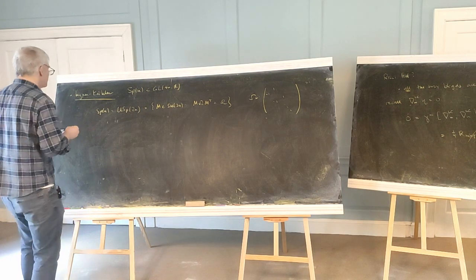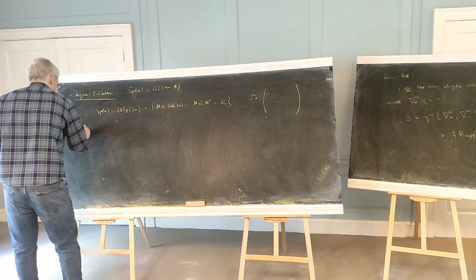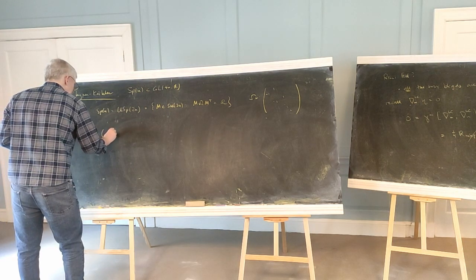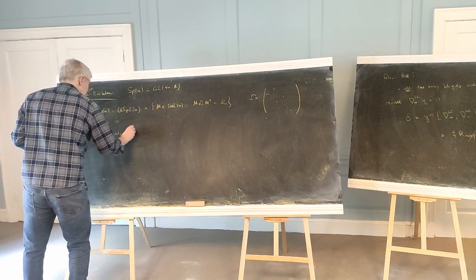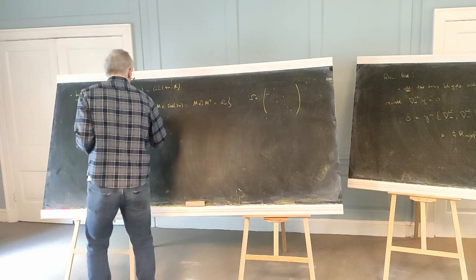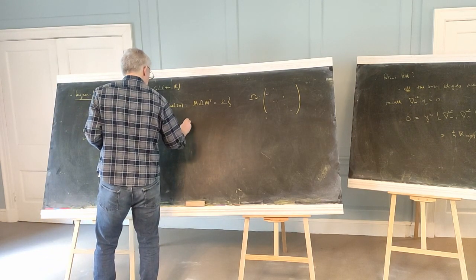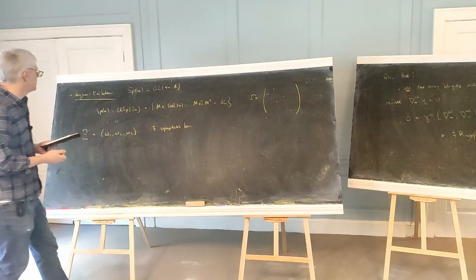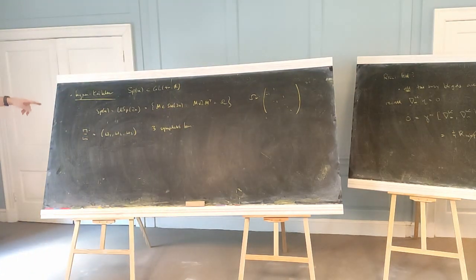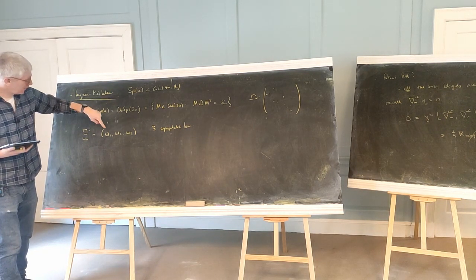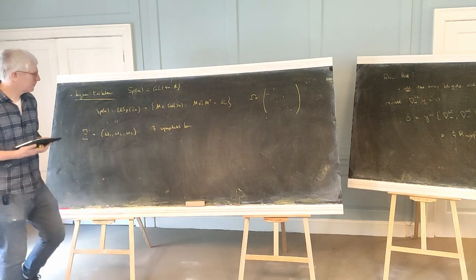So what are the structures here? Well, you actually get a triplet of symplectic forms. So you get 3 symplectic forms. It turns out the things that are invariant under this group are these 3 two forms.